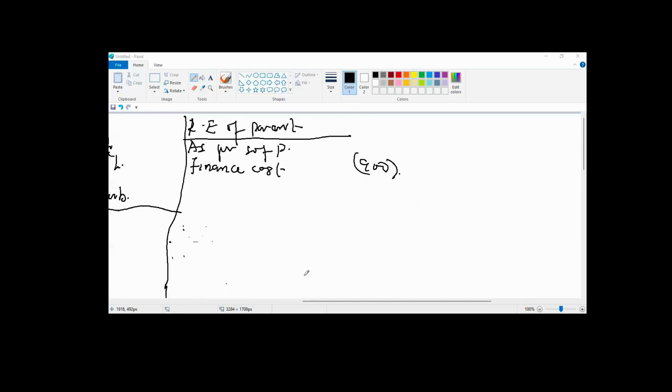Who can give me the return of both the parent and subsidiaries based on the question? Who can give me the return of the parents?